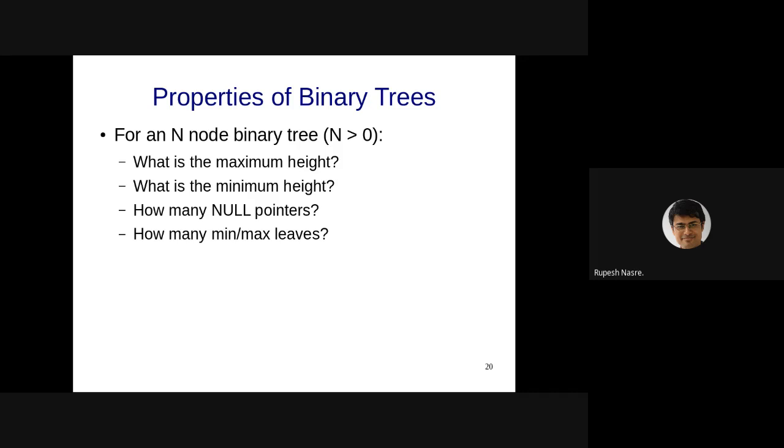One can argue that actually what we are talking about is the number of nodes at a particular level, but are we talking about the total number of nodes? Well, the total number of nodes is just going to be twice the maximum number of leaves that you have in a full binary tree, right?